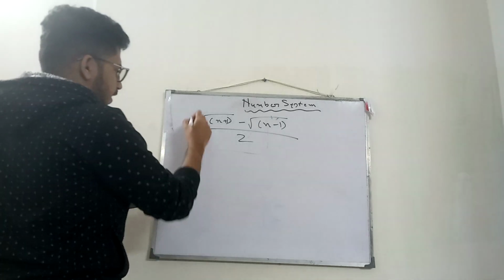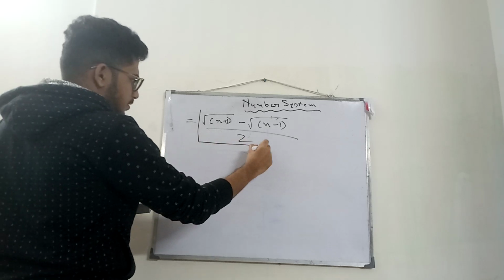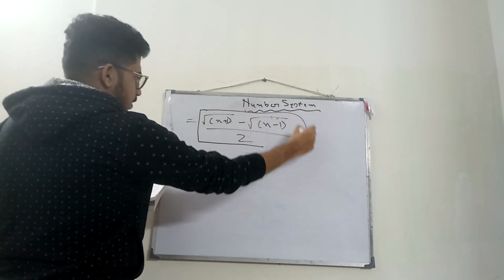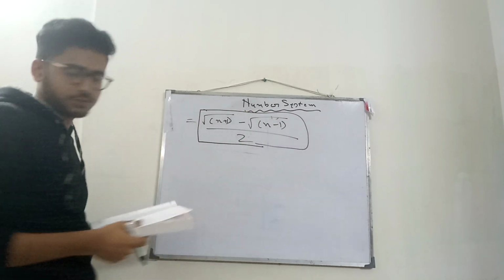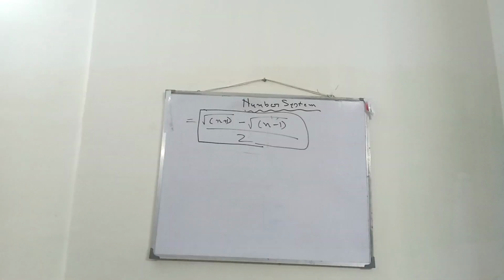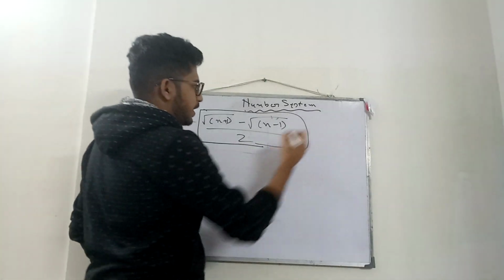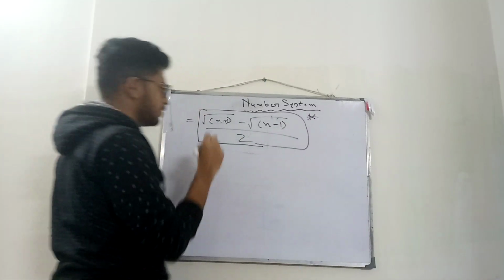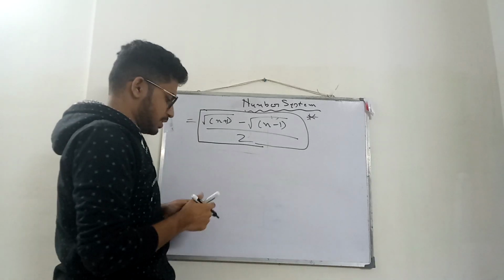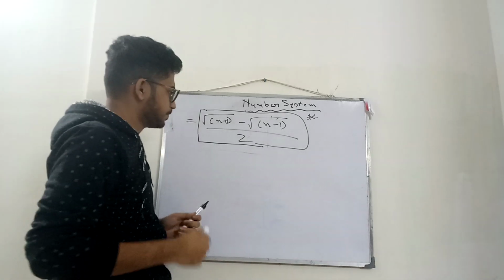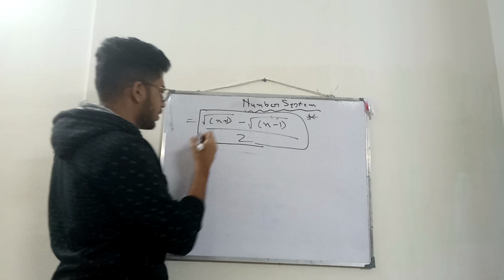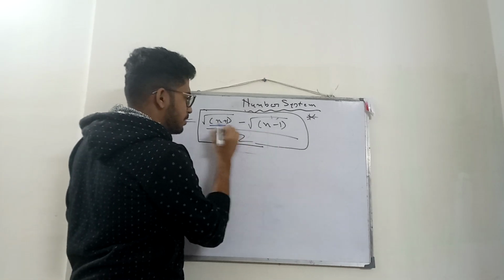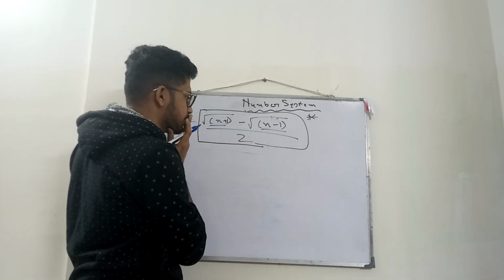I don't know what they're trying to say. We have to understand what they're trying to say. Here is a question: n minus 1, n plus 1, n minus 1 by 2. What is the meaning of this?